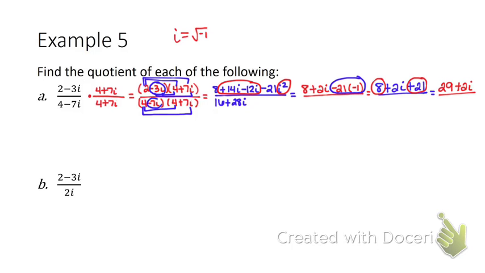Inner, now be careful, it's a negative 7i, so negative 7i times 4 is negative 28i. And then negative 7i times 7i is negative 49i squared. And then it's the same steps as when we did it just a minute ago.